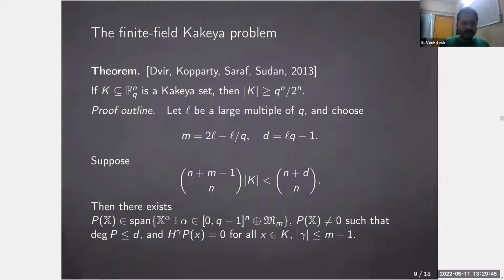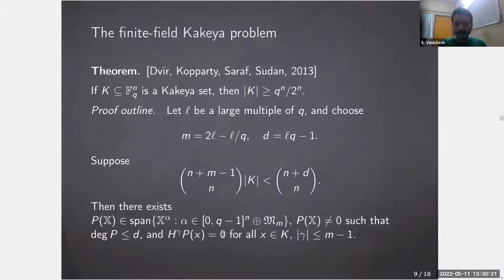So there is a non-zero polynomial in the span of monomials with exponents from 0 to q minus 1 to the n, such that the degree is at most d, and the polynomial vanishes with all derivatives of order at most m minus 1 at every point of the Kakeya set. So it's not simple vanishing at every point, it's vanishing with order m at every point. All derivatives of order at most m minus 1 must vanish, not just the polynomial.